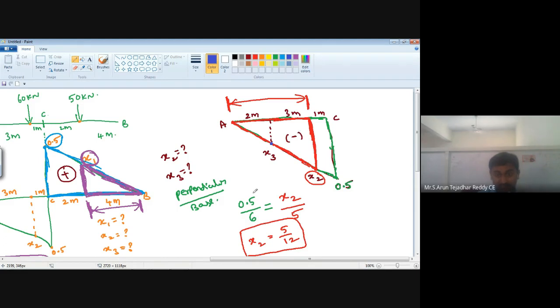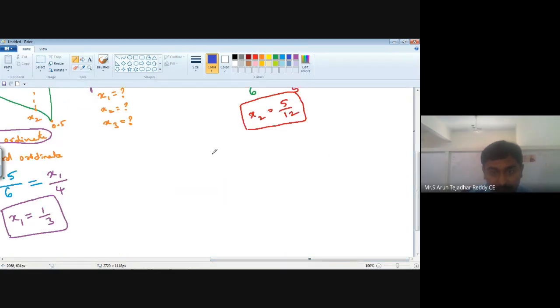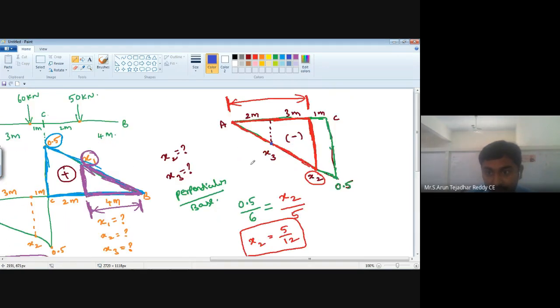Next, the similar triangle is x3. It means make one triangle up to the x3 level.